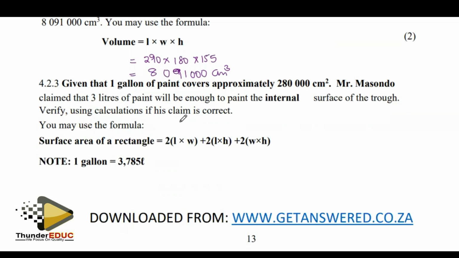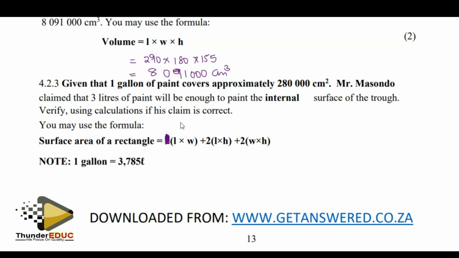They said you may use the formula, but when you look at the formula critically, it does not cater for an open rectangular prism. So we said this one here is supposed to be 1, not 2. Why? One side is open. There are not 2 sides. So we only need to look for the area of only one side, which is the bottom. So having removed the 2 here, these other ones are okay.